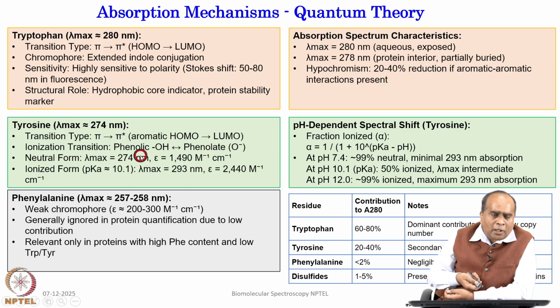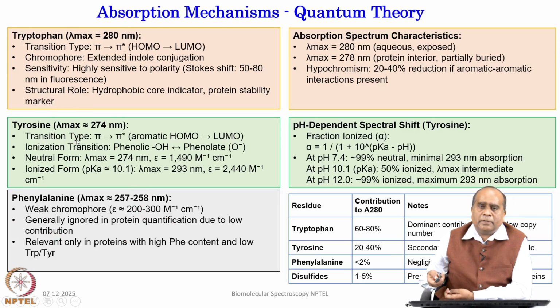Now, coming to the third one, phenylalanine, it is a weak one, right. It absorbs around 257 to 258, it is a weak chromophore, therefore the extinction coefficient is low, and it is generally ignored in protein concentration quantification, relevant only in proteins with high phenylalanine content and low tyrosine and tryptophan. So, wherever there is no tryptophan or tyrosine, we rely upon phenylalanine; otherwise tryptophan and tyrosine are the dominant ones.